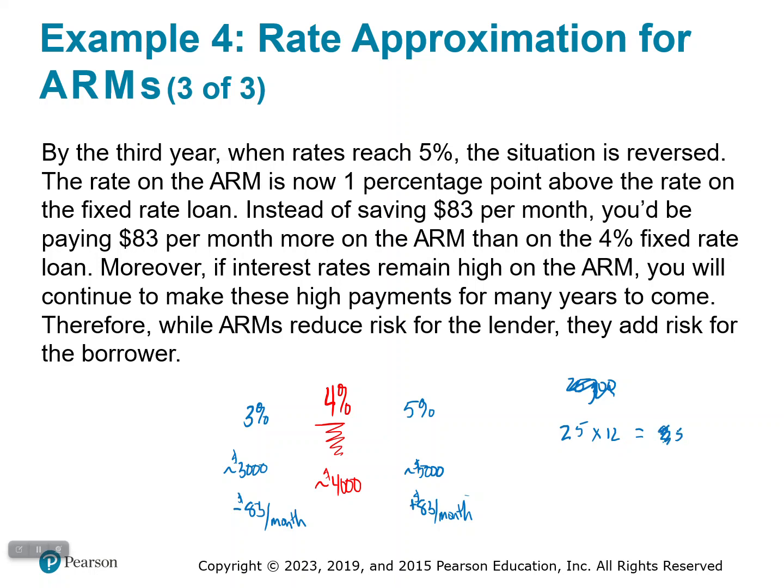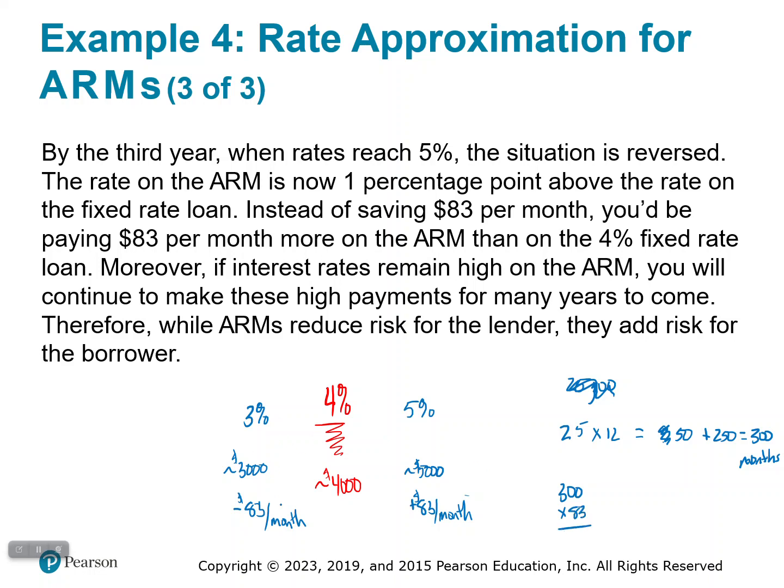Double it, right? 2 times 25, and then 10 times 25. 300 months of about 83. 300 months times 83.